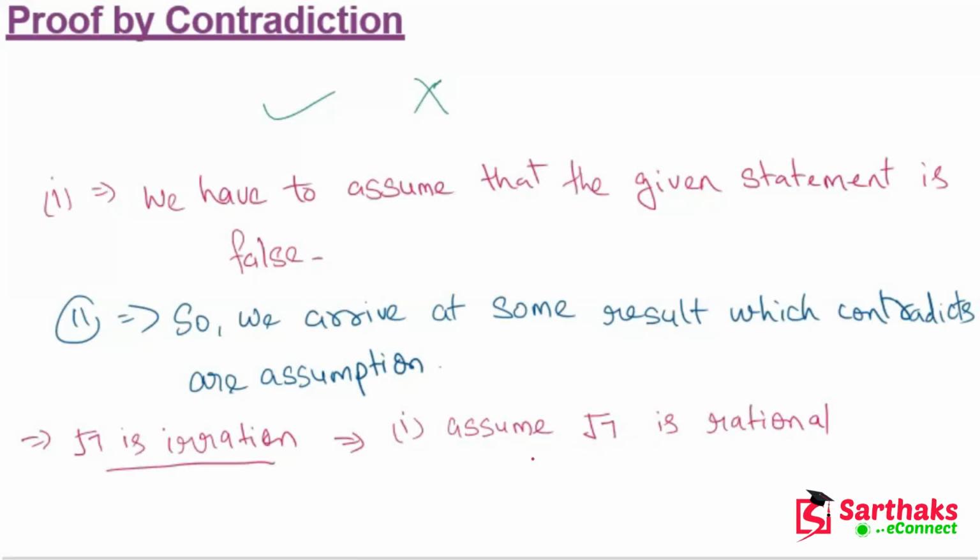So we can write under root 7 equals a upon b, because we are assuming it is rational, and here a and b are co-prime numbers. I hope you get this point.